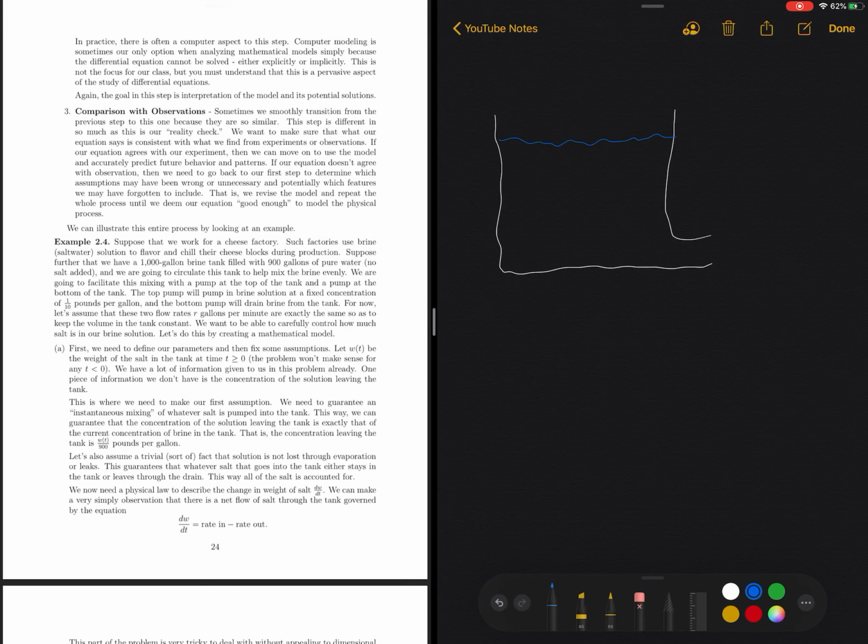So we are charged with trying to monitor this brine content. Whenever the cheese is being dumped into the tank here, we're seasoning it. We need to know exactly how much salt is in that tank. So let's figure out what's going on here.